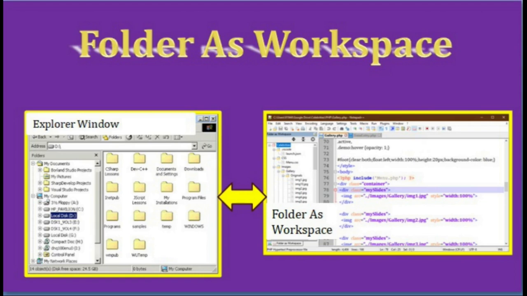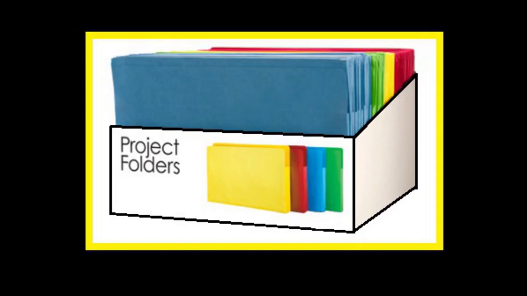The folder as workspace is directly linked to the physical folders of the system, and we can manipulate the files in the folders. Normally for any project we create one separate folder, and under the project we split multiple folders to accommodate different types of files.